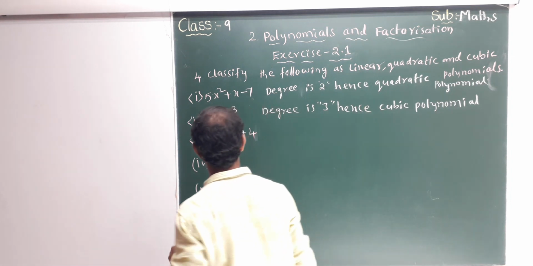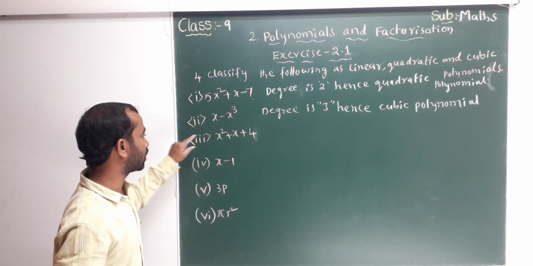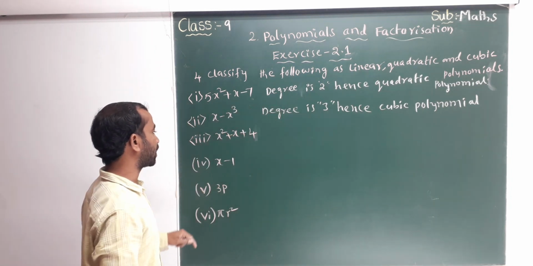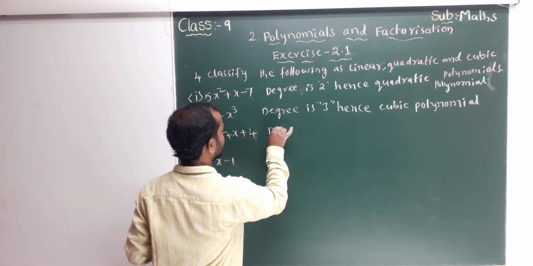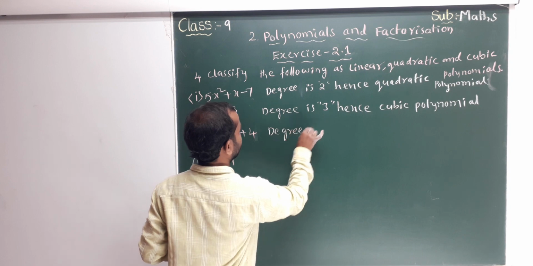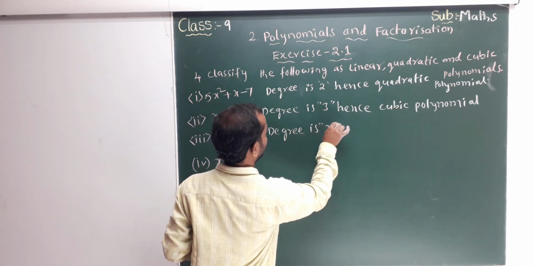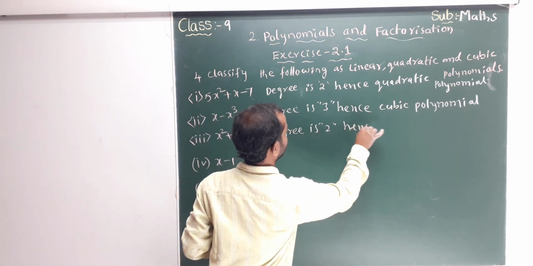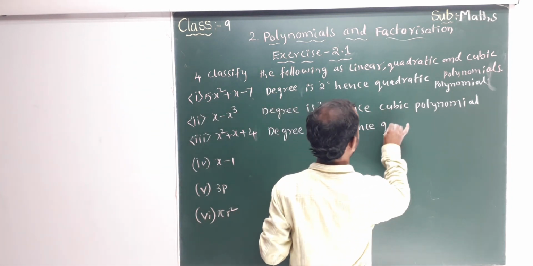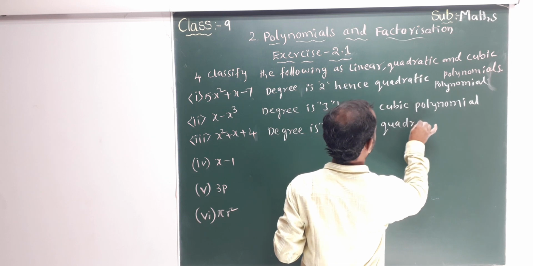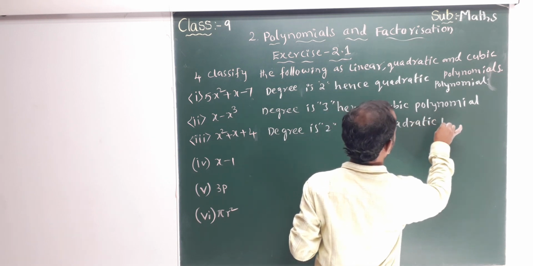Okay. Next, third one: x square plus x plus 4. Here the highest power is 2, so the degree is 2. Hence it is a quadratic polynomial.